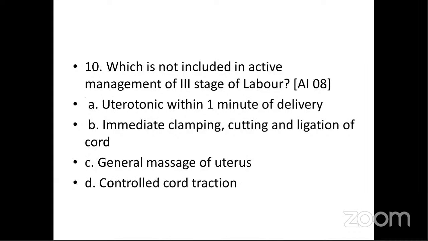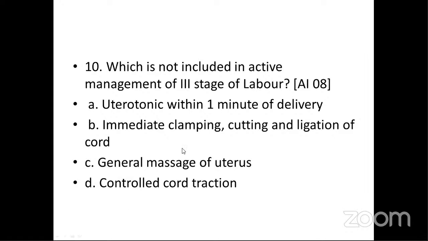Coming to the next question, which is not included in active management of third stage of labor? Uterotonic within 1 minute of delivery, immediate clamping, cutting and ligation of the cord, uterine massage, or controlled cord traction. Which is not an important step of active management of third stage of labor? Immediate clamping and cutting. Correct.